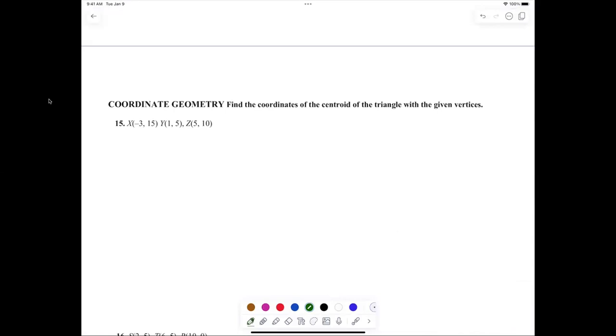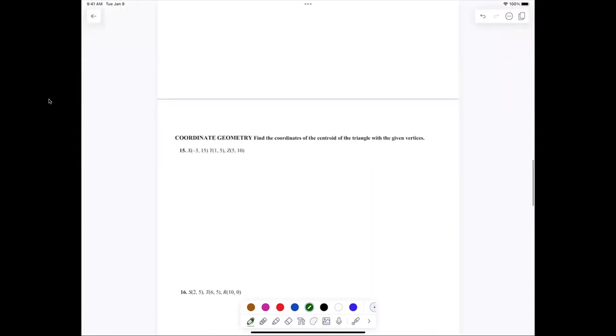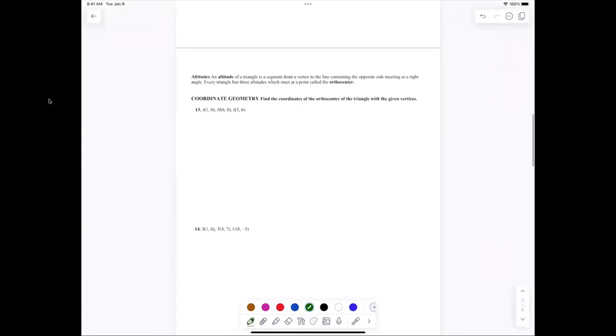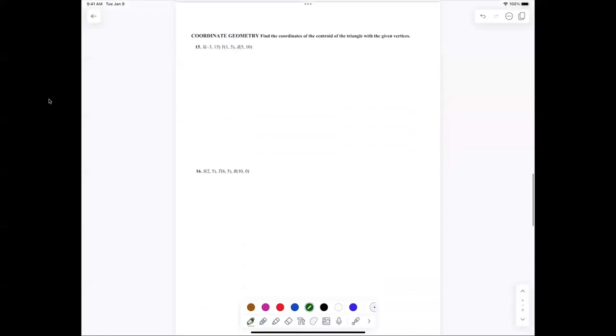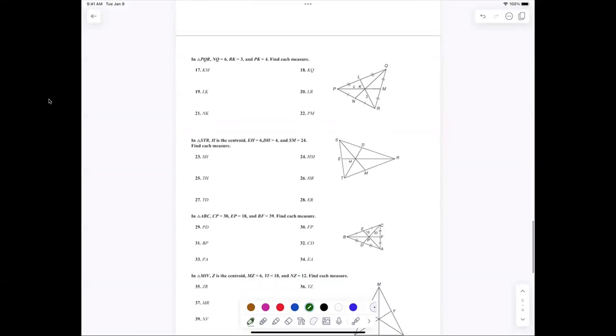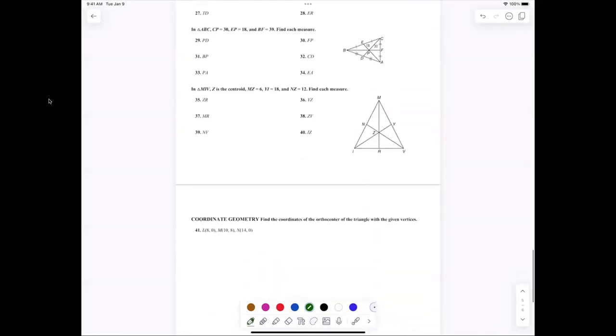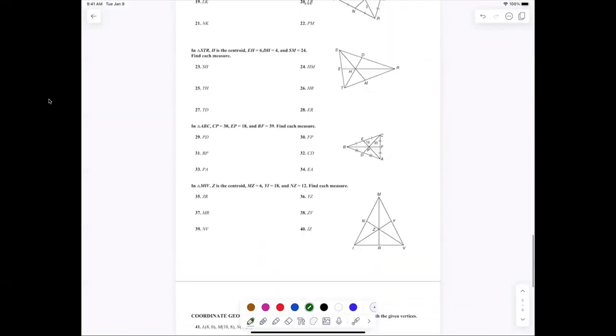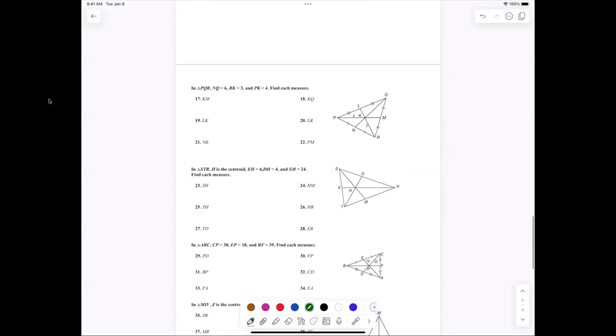And this is what I was saying at the beginning of class. What time's the bell ring today? All right. I think I don't really have enough time to show you how to calculate the orthocenter and the centroid.